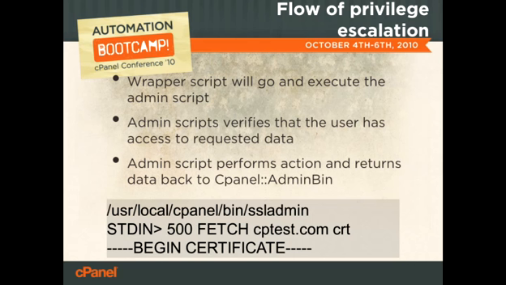Those parameters are then taken, and it performs whatever action you may be. In some cases, it may be working with SQL. In some cases, it may be working with a multitude of other things. And then it returns back a data structure in the storable format to the admin binary, and the admin binary sends it back through the cPanel AdminBin module. That is really all there is to this system.